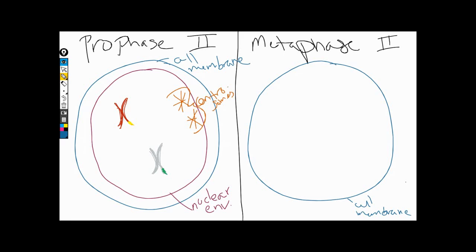Let's try doing metaphase together. I'm focusing on metaphase for a reason. It's one of the easiest stages to get confused between all three, and it's also a good one to really be able to tell the difference between all three. So here we are at metaphase.